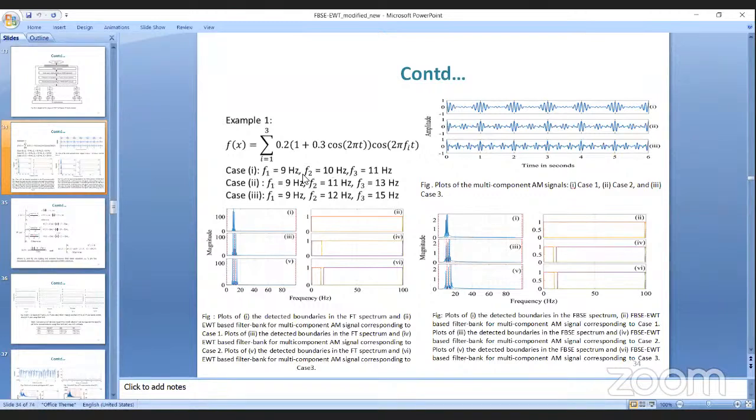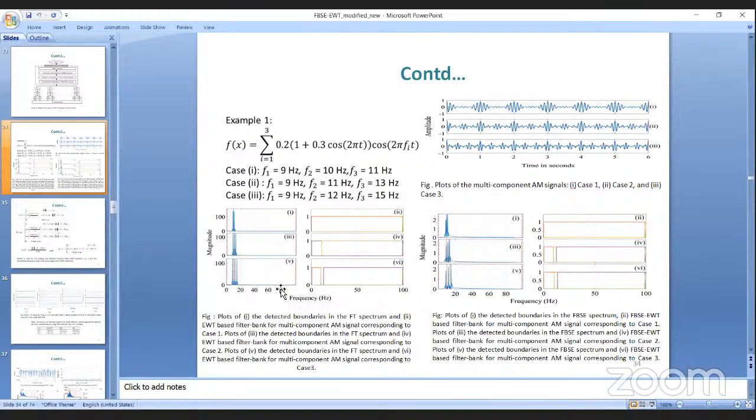In the first case, they are very closely spaced: F1 equal to 9 Hertz, F2 equal to 10 Hertz, F3 equal to 11 Hertz. In the other case, their spacing is increased, and in the third case, even more spacing has been studied. This separation is like 3 Hertz between the frequency components. And you can see these signals in the time domain.